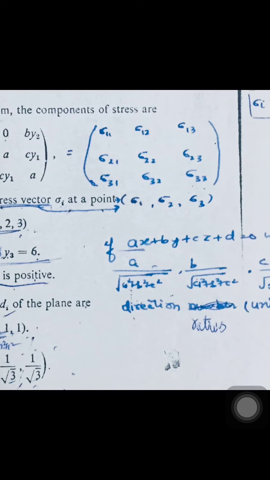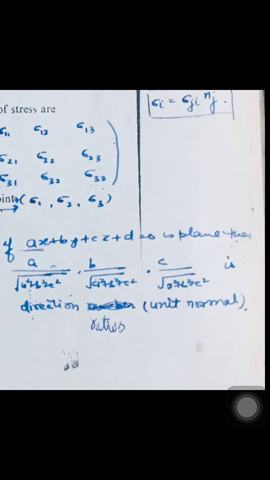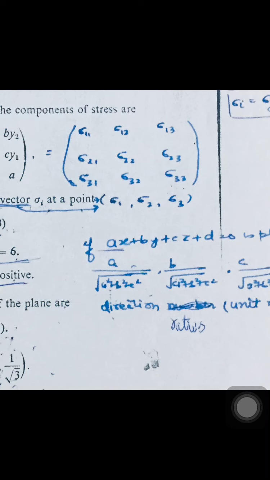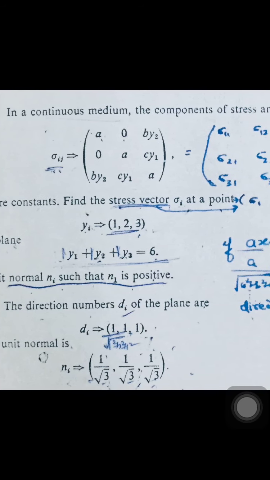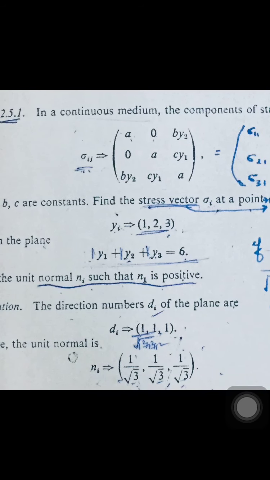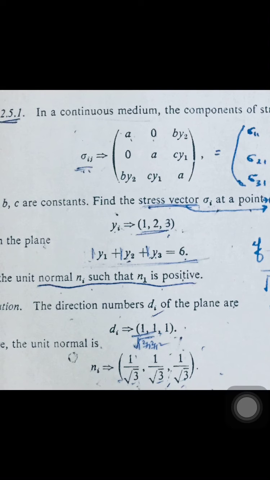What we know from the earlier classes is that if ax plus by plus cz plus d equals 0 is a plane, then the direction components are a upon the square root of a square plus b square plus c square, similarly b upon the same root, and c upon the same root. Here a, b, c are 1 1 1, so the direction numbers are 1 1 1, and the unit normal vector is 1 upon the root of 1 square plus 1 square plus 1 square.